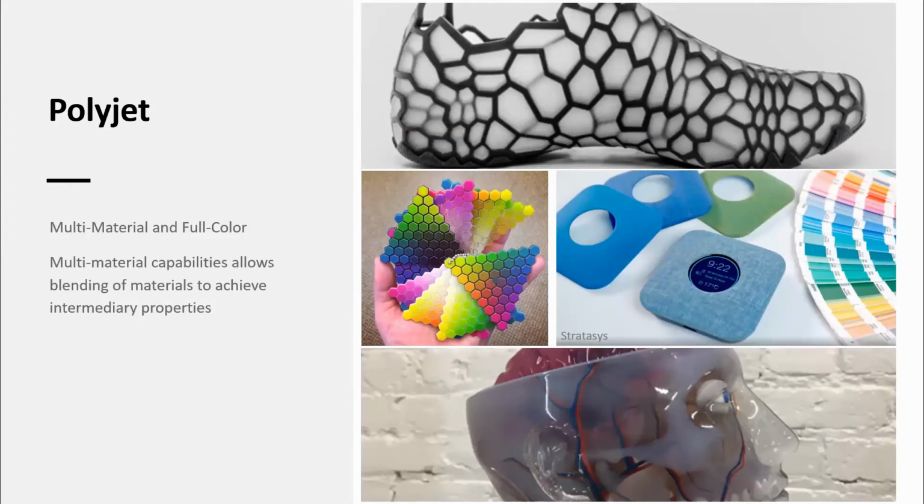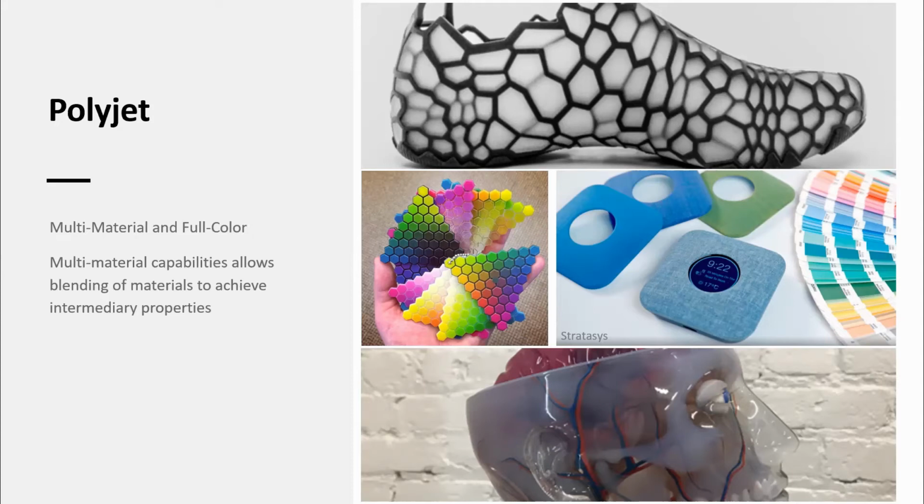One of the biggest advantages of Polyjet is the ability to print multi-material and full-color parts. So aesthetically, we're able to integrate both opaque and translucent materials as well as a full color spectrum.